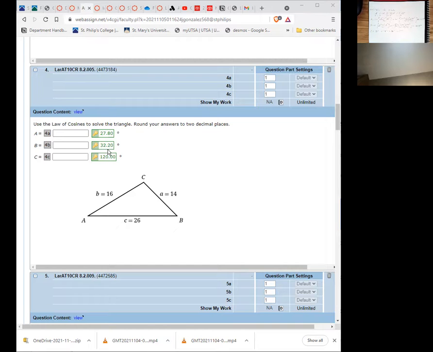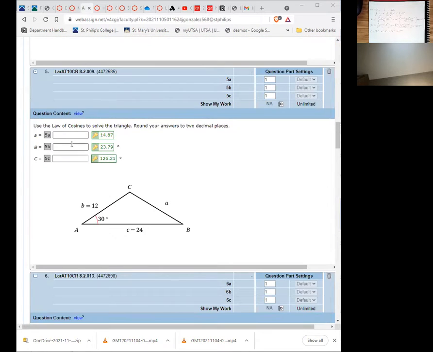Check those numbers out. Crazy. How random. And number 5. This is like the first one we did. See how we have two sides, but no opposite side to an angle, forcing us to do log cosines. So this is case 3.